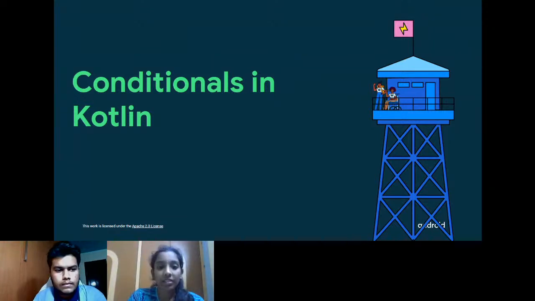So, hello everyone, good evening. Welcome to the day two session of Compose Camp. Today we'll be starting our sessions with conditionals in Kotlin. Conditionals are nothing but condition based programs. We'll be giving some conditions and we'll be executing lines of code with those conditions.